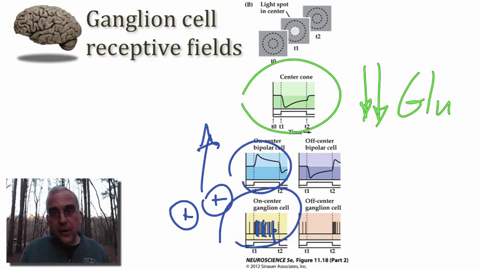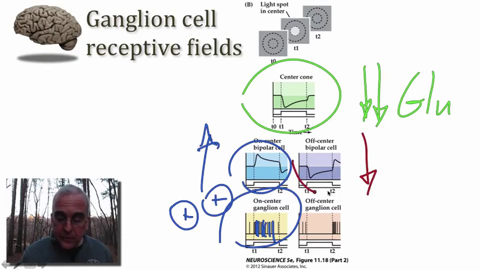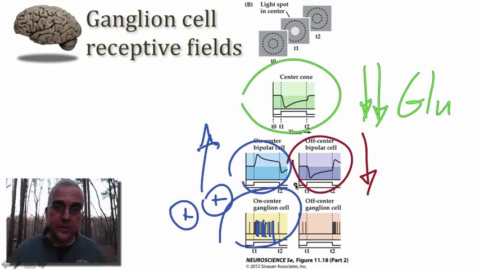Now let's think about what happens to the off-center bipolar cell. When there's less glutamate being released, that means there's going to be less glutamate to interact with the AMPA receptor, and that's going to lead to the hyperpolarization of this off bipolar cell.